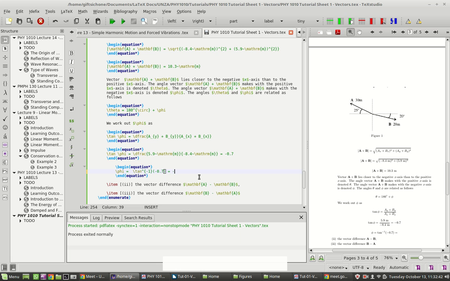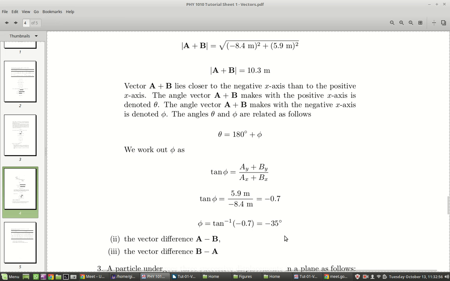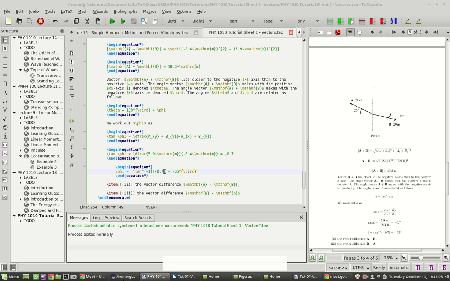Negative 35. Is this correct? Yes. Okay, so now that we have our phi as negative 35, we can get theta.